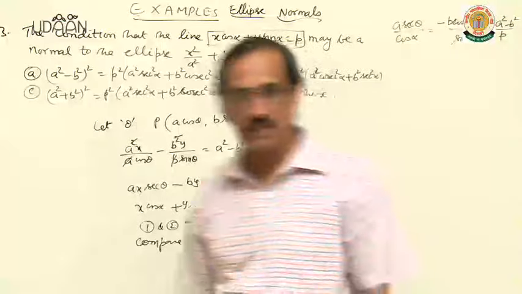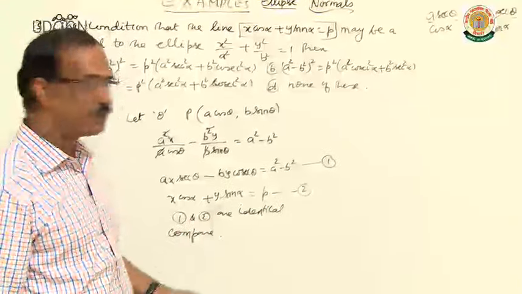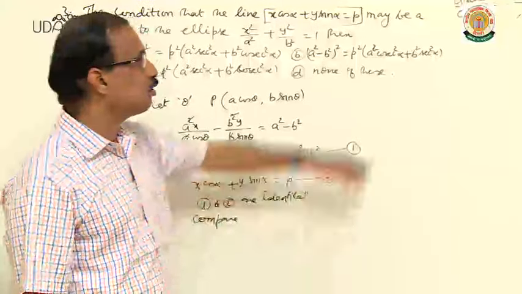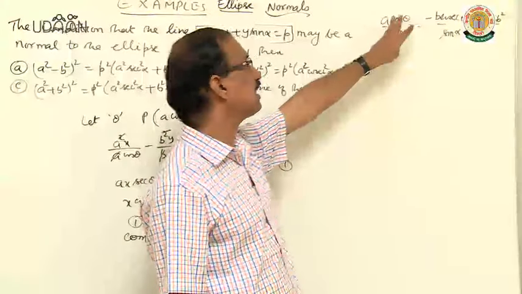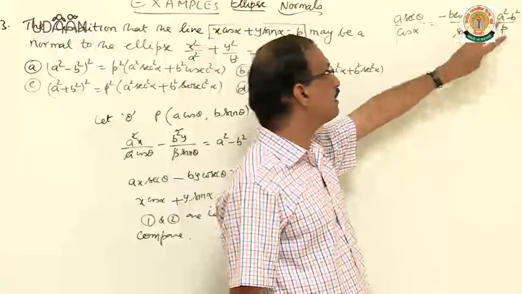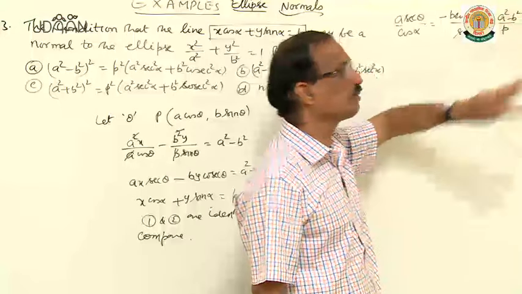So on comparing the coefficients of x, y and the constant, we get this relation: a sec theta by cos alpha equals minus b cosec theta by sin alpha equals a square minus b square by p.